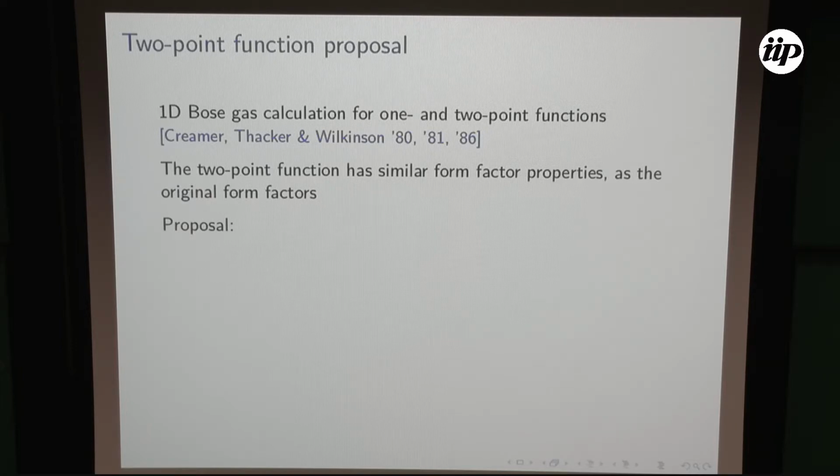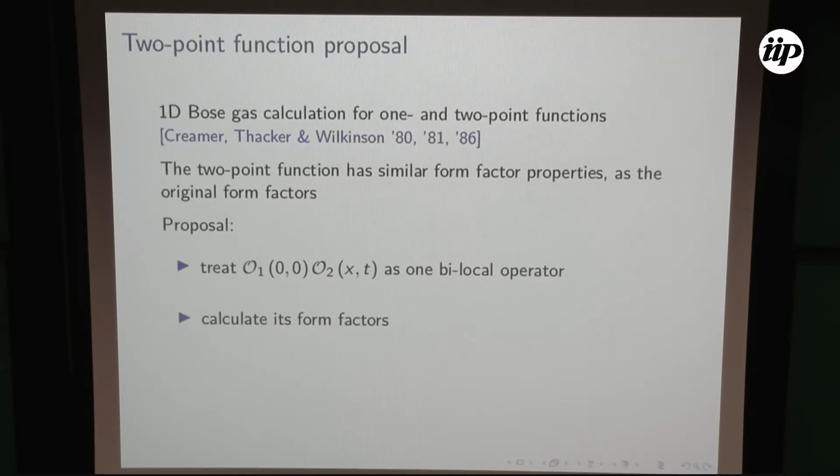So that's the origin of our proposal, which says that if you have a 2-point function, let's look at these 2 operators like 1 bilocal operator. If the separation is not that big, then you can still think that it's localized in space-time, and you can calculate matrix elements of this operator. So we calculated the form factors of this bilocal operator, and the important thing is to show that it satisfies the same form factor axioms, the same kinematical pole.